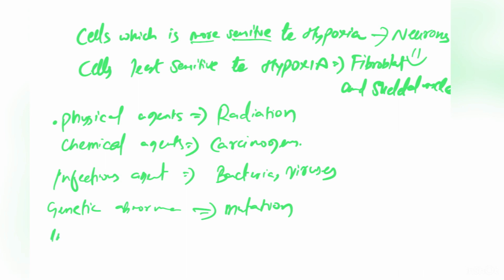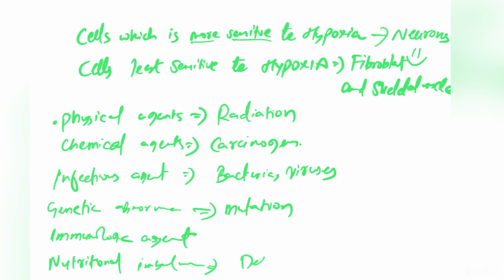And there are also some immunologic agents which can cause cell injury. There are also nutritional imbalances which can cause cell injury, like deficiency of protein energy malnutrition, PEM, or obesity.